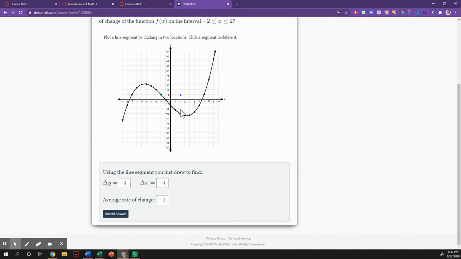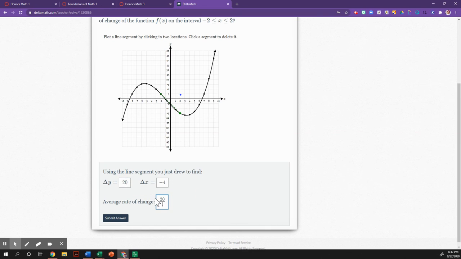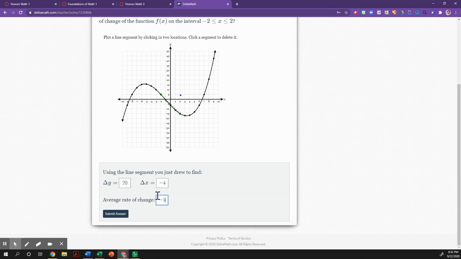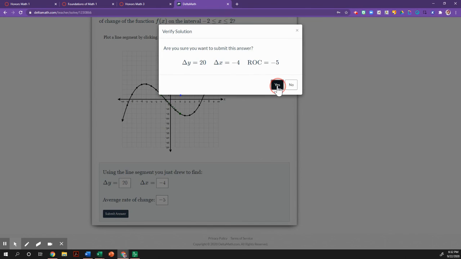So I went up 5, 10, 15, 20. I should have put 20 over -4. So that means 20 divided by -4, which means my final answer should have been -5. Let me resubmit that.